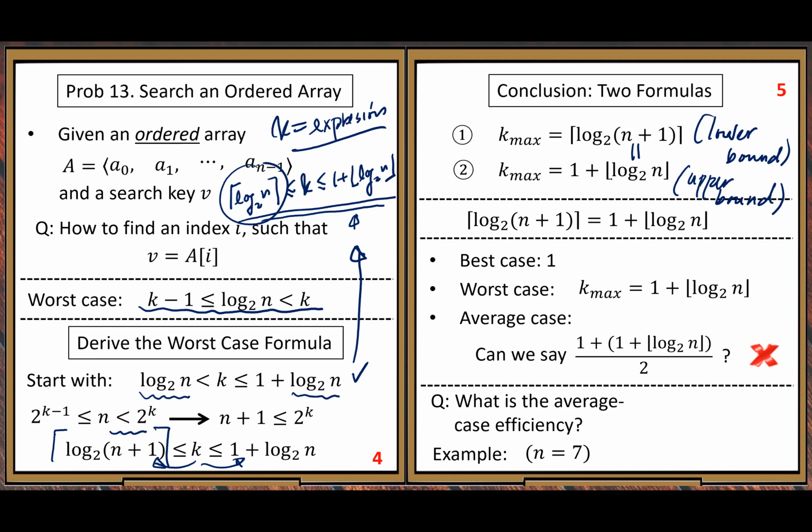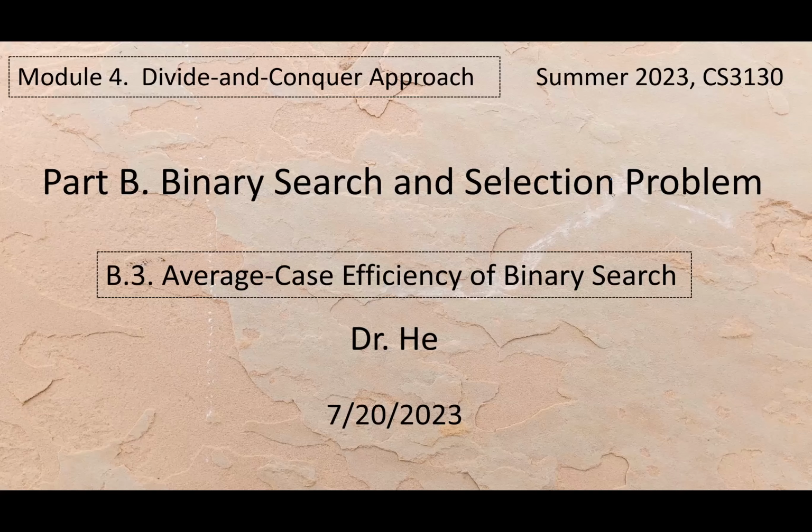Some students use an approximation formula, but many times I ask you for the exact answer, not the approximate answer. Here we want to find the exact answer for the average case efficiency of binary search.